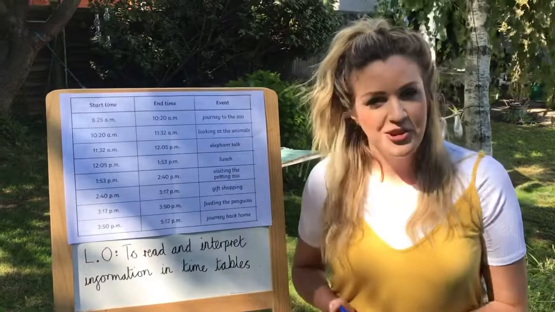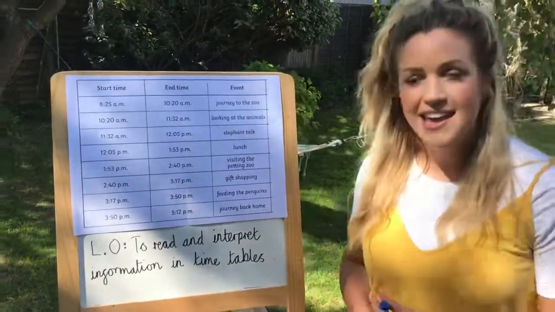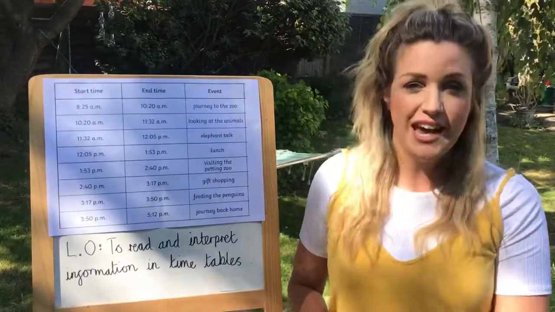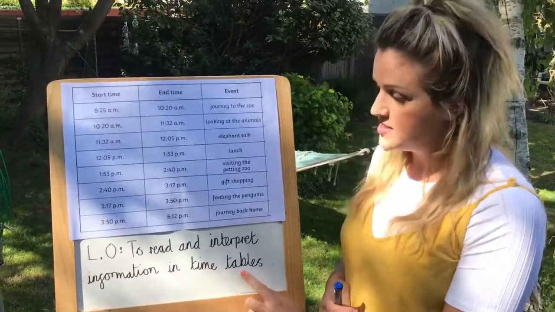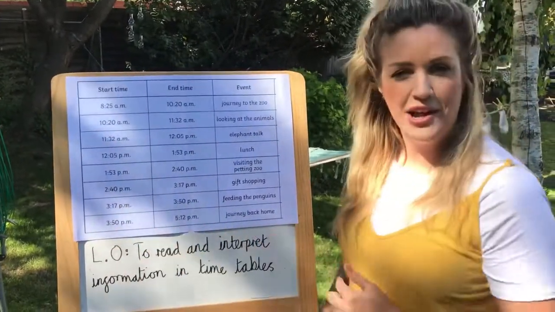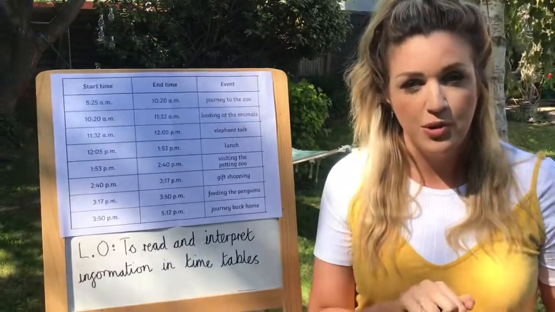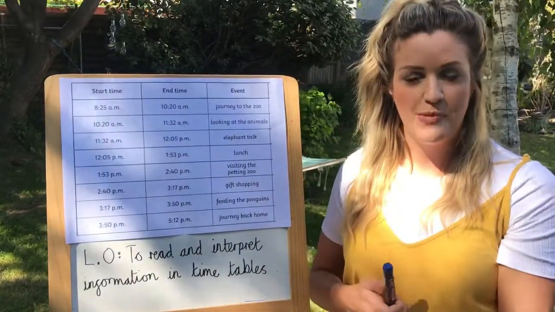So today your learning objective is to read and interpret information in timetables. Not times tables like 2 times 4 is 8, but timetables that look a bit like this. Now in every classroom there's normally a visual timetable down the side of the whiteboard, and that tells you what lessons you're doing throughout the day.